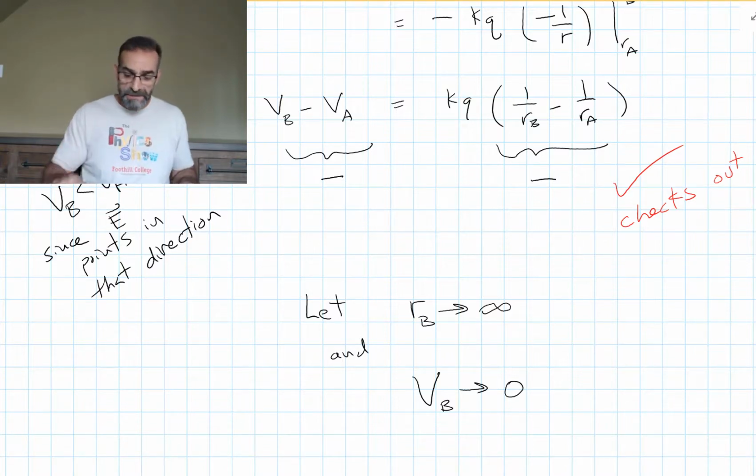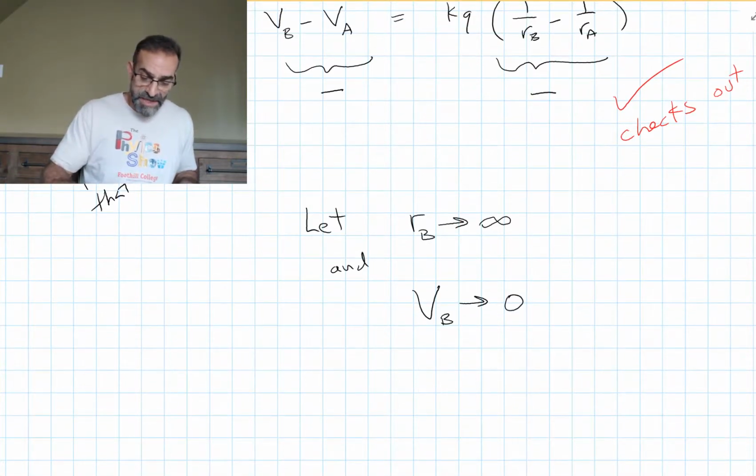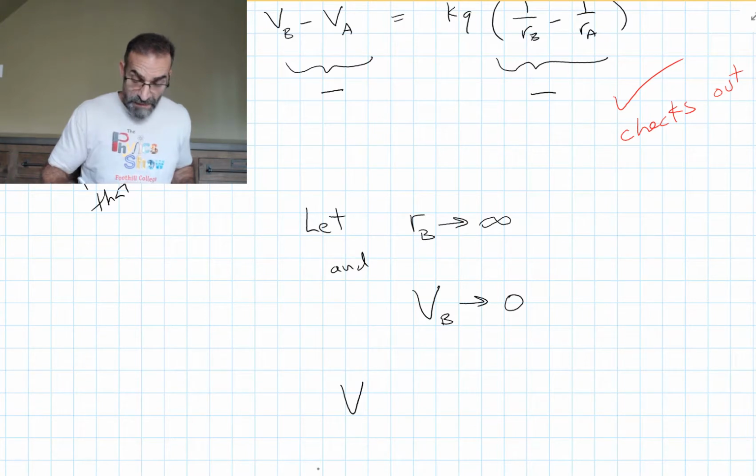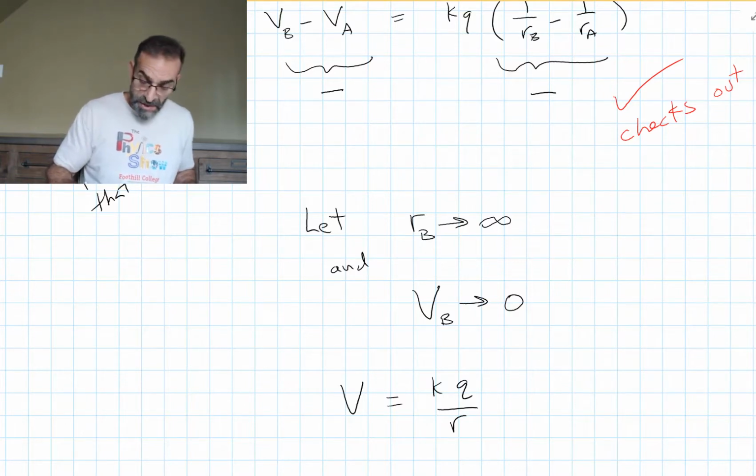If we all agree, then we can write this equation, VB goes to zero, and we end up with the potential at point A is KQ over RA. I'm just going to leave the subscripts off.